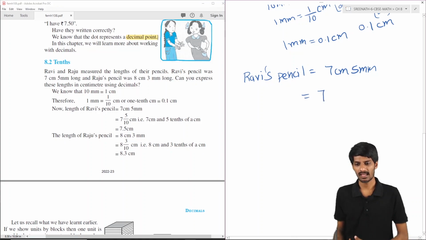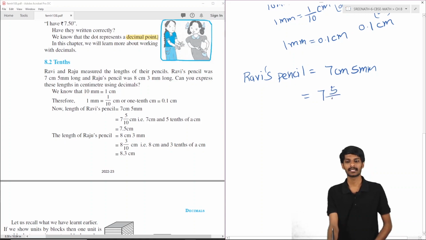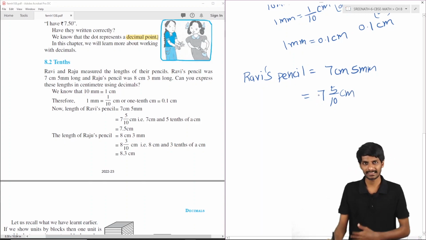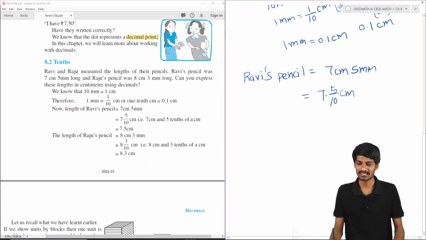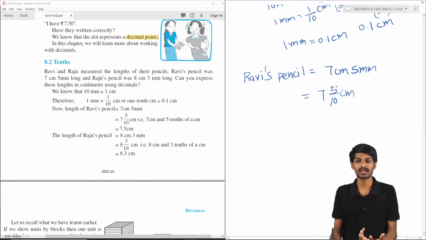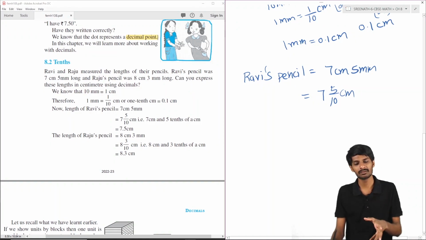So that is equal to 7 into 5 by 10 millimeters. Sorry, centimeters. Can you get the trick how I have written it? I have written 7 as it is, and I have written 5 as 5 by 10. Why? Here there is millimeters, but I didn't write millimeters.